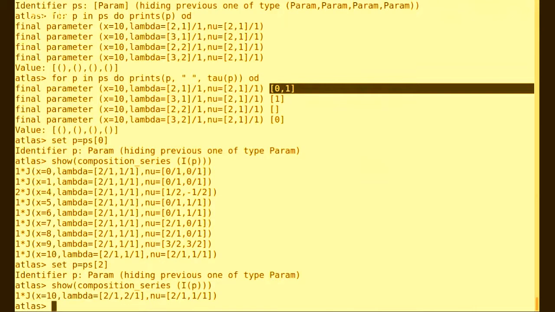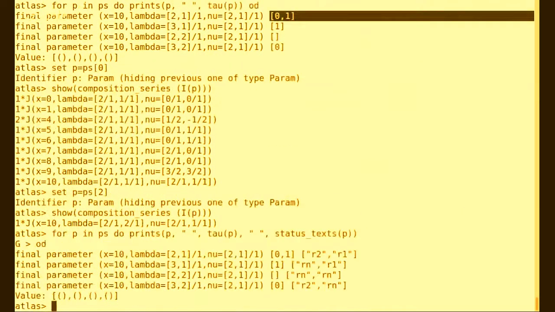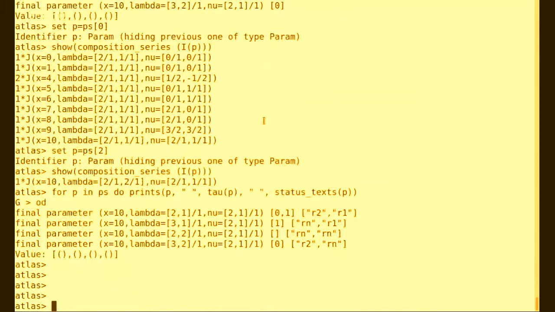Okay. Now, another thing that you can do to examine these principal series is to look at the status texts. Let's look at that. In this case, this information is more or less the same as the tau invariant, but it's useful to look at.